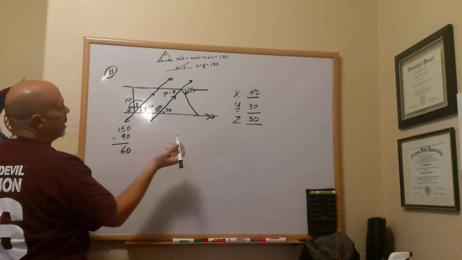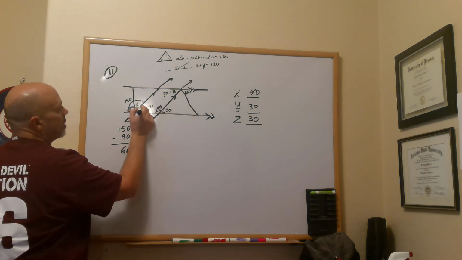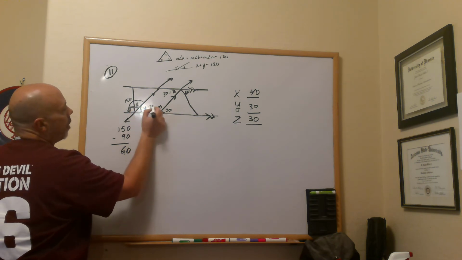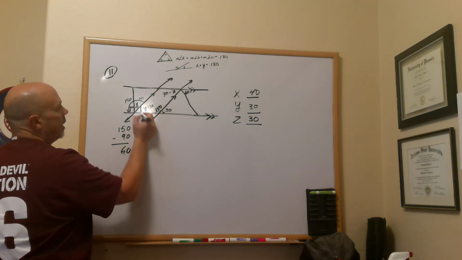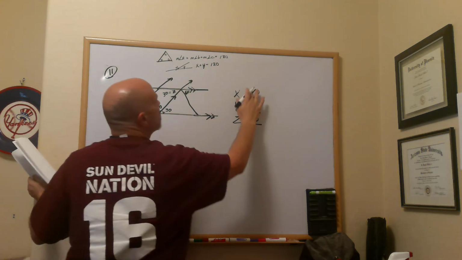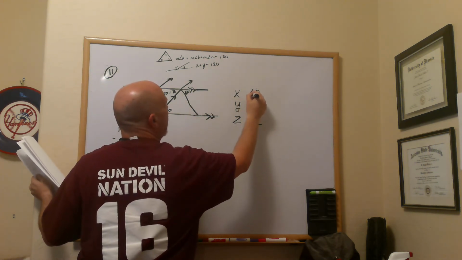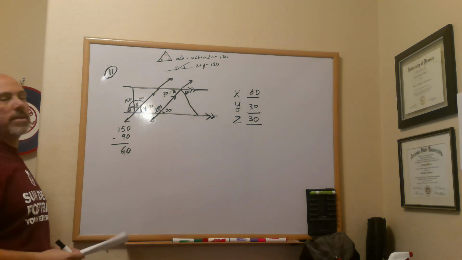Now, another way to look at that, though, is this half is 90, right? As signified by this. So if the y took up 30 degrees of it, the x then would have to be 60, because 60 and 30 is 90, making up that complementary angle. So again, I apologize about the math error, but nonetheless, there we go. We have x equals 60, y equals 30, z equals 30.